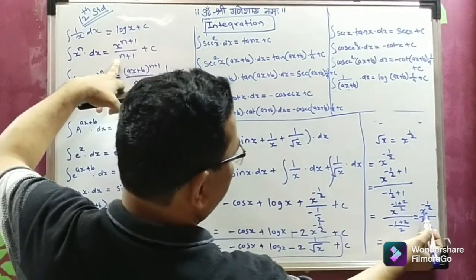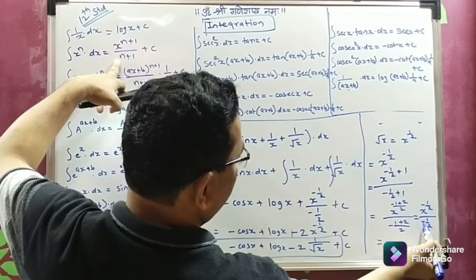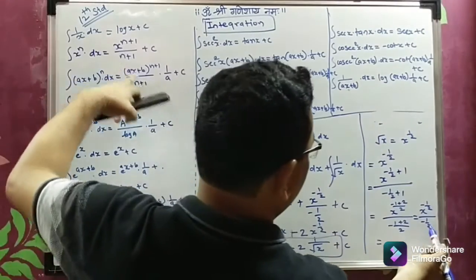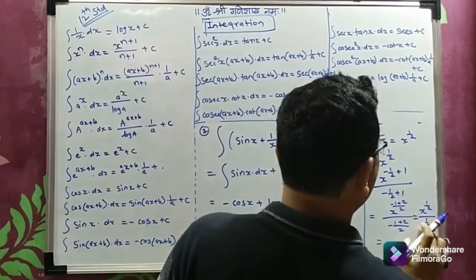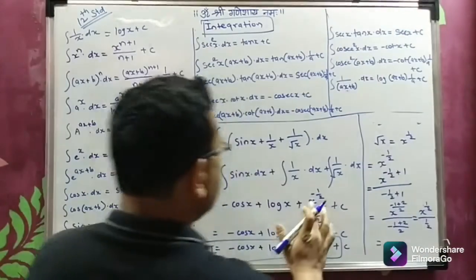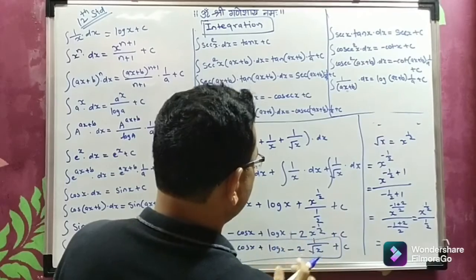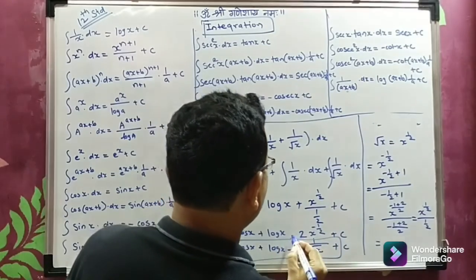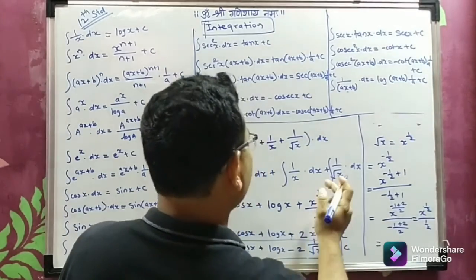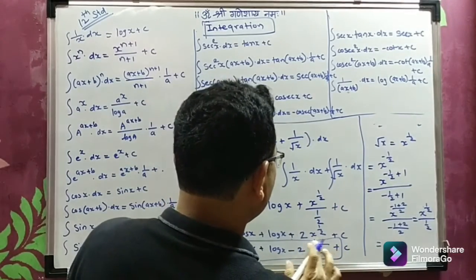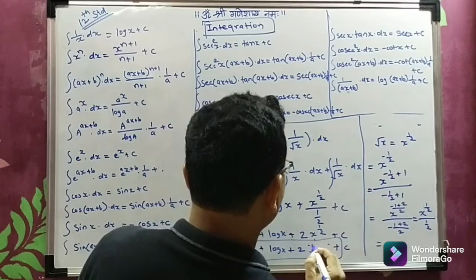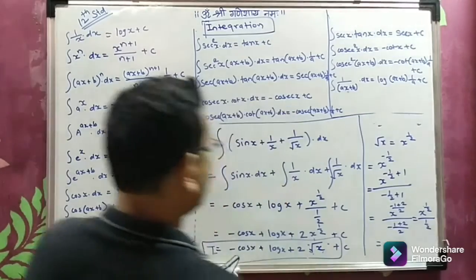So it will come x raised to minus 1 by 2 plus 1, that is 1 by 2, divided by 1 by 2. The 1 by 2 in the denominator will come to the numerator as 2, and x raised to 1 by 2 is nothing but root x.